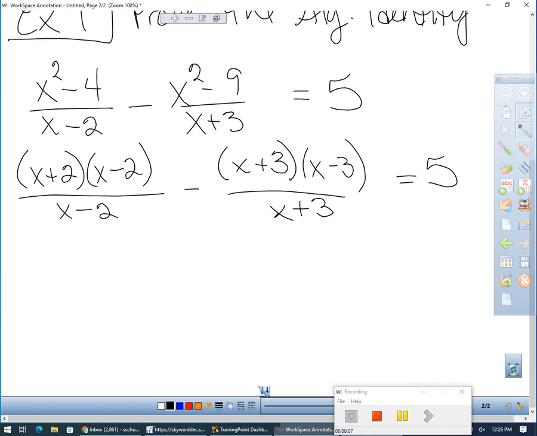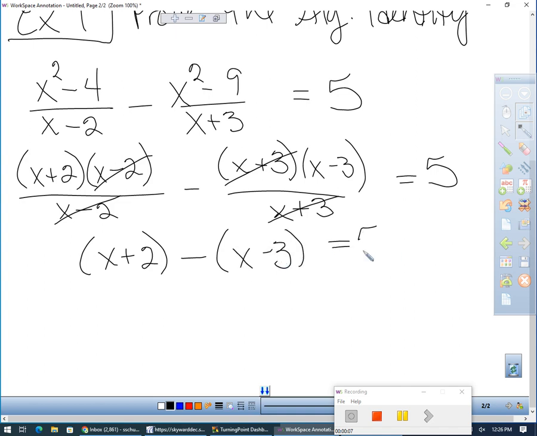In the first fraction, we can cancel the x minus 2's, right? And the second one, we can cancel the x plus 3's. So right now, I have x plus 2 minus x minus 3, and we're still trying to show that that equals 5. So now what should I do next to get rid of the parentheses? Distribute.